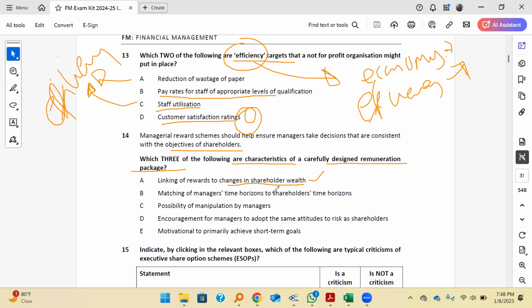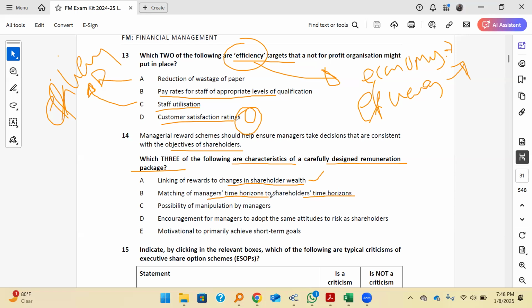Matching managers' time horizons to shareholders' time horizons. Here, again, we are looking at goal congruence in a way, because imagine the shareholders' time horizons are different.